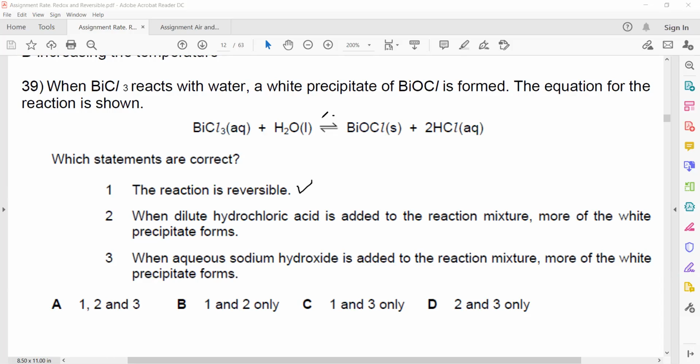That's correct, you can see the arrows. When dilute hydrochloric acid is added to the reaction mixture, more white precipitate forms. So if I add more hydrochloric acid, where will the equilibrium shift?